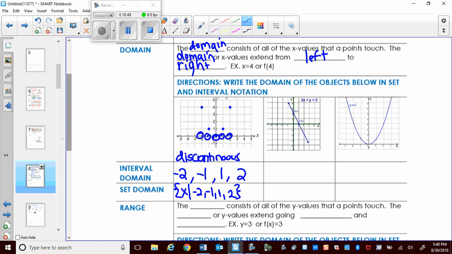So let's start here at 2, and then at 1, at 0, when x equals 0, there's a point there. When x equals 1, point there. When x equals 2, there's a point there. When x equals -1, there's a point there, and it keeps going. The x values keep getting more and more negative.